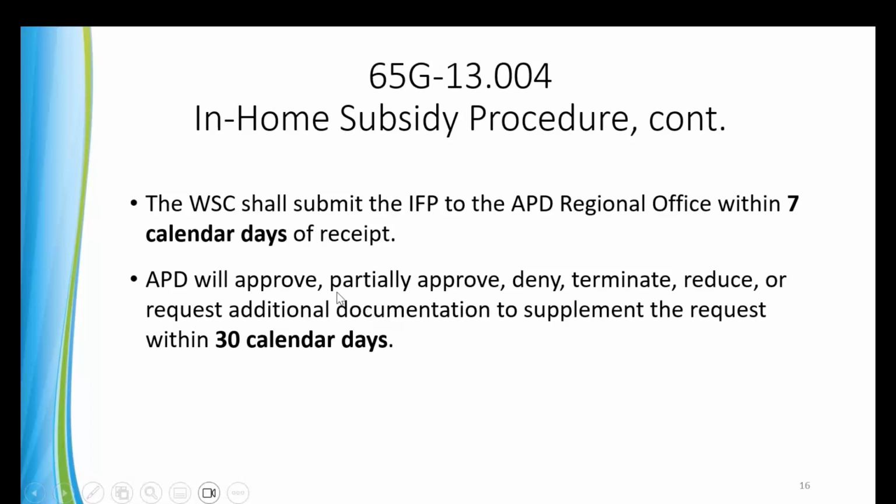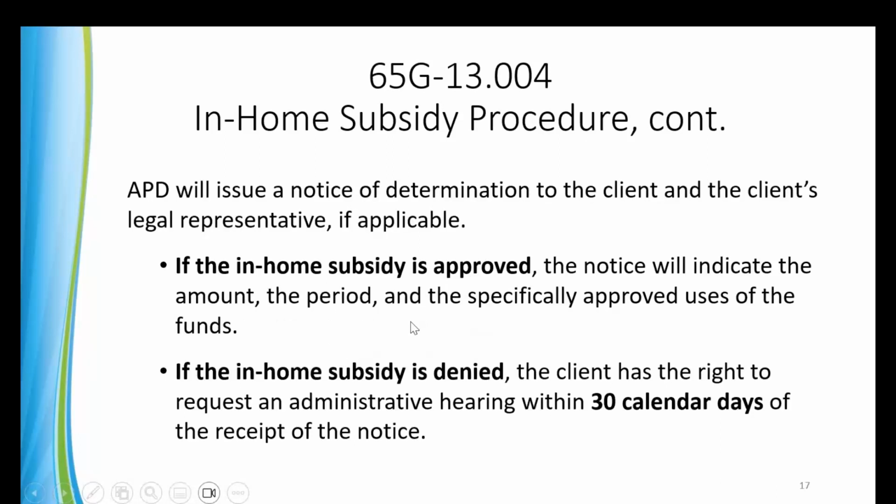APD is going to make a determination, whether they approve it, deny it, or partially approve it, within 30 calendar days, or they're going to ask for additional documentation to supplement the request. That's important to remember. You want to make sure you have all of the documentation you need to support it so that APD doesn't have to turn around and ask for more. APD is going to issue a notice of determination to the client and the client's legal representative, if the person has one.